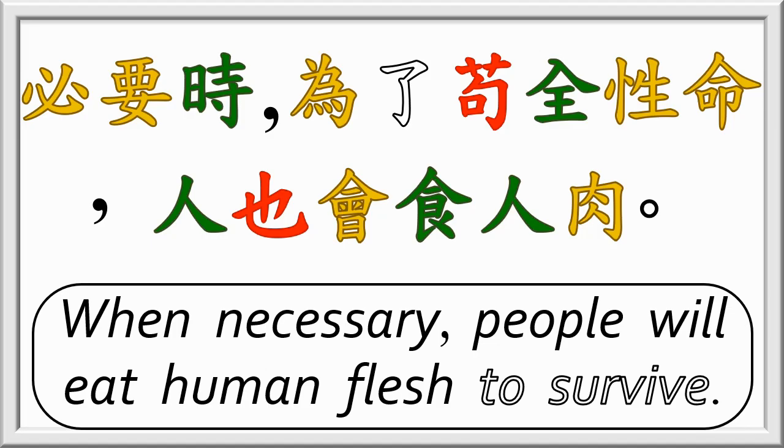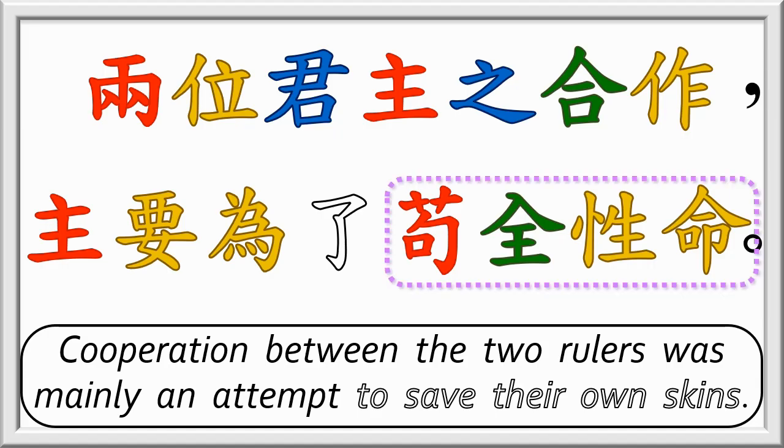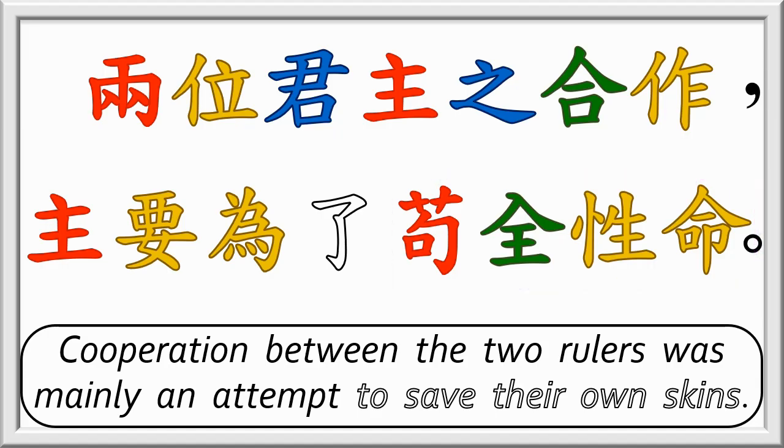When necessary, people will eat human flesh in order to survive. 两位君主之合作，主要为了苟全性命. Cooperation between the two rulers was mainly an attempt to save their own skins.